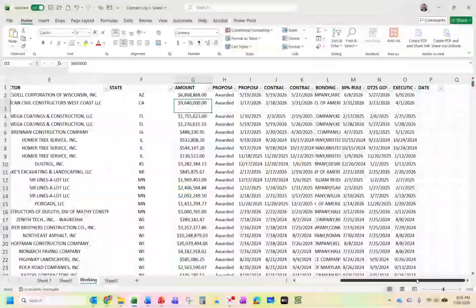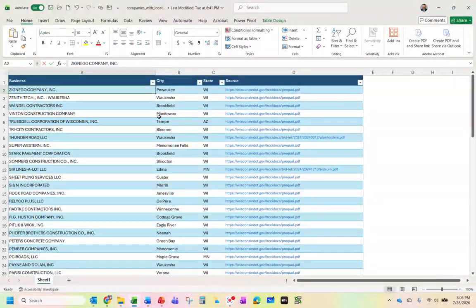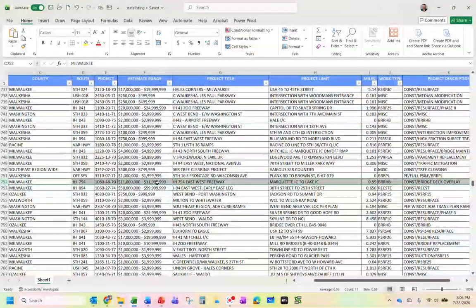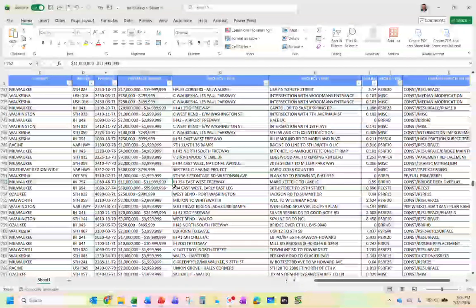So 9.6 million versus the range estimate of 11 million. If I was going further in answering different questions, I could say, okay, my project key or my project number is how I'm going to find everything. And so I could designate that a key.